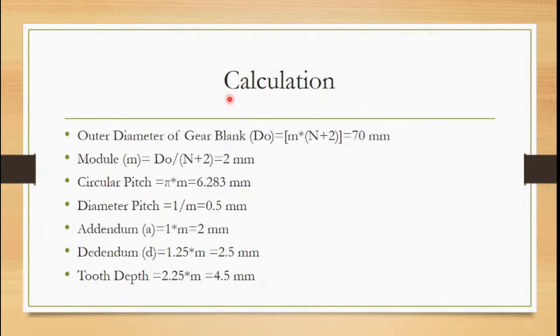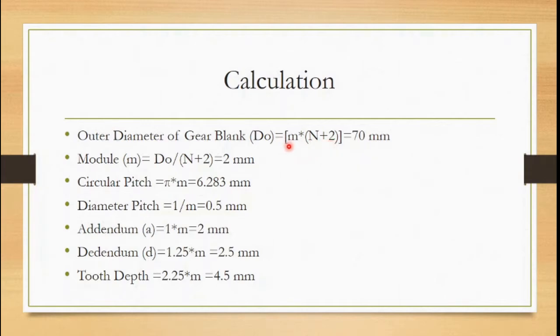Now we'll understand the calculation part, how the calculation is done. The first, outer diameter of gear blank, that is D naught, is equal to M, that is module, into capital N, that is number of gear teeth to cut, plus 2.